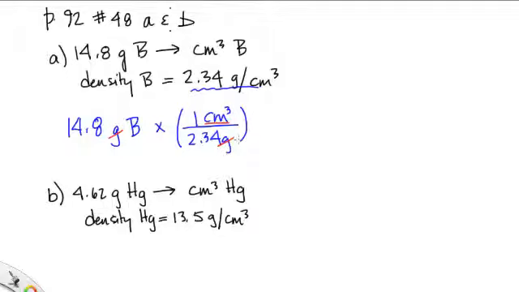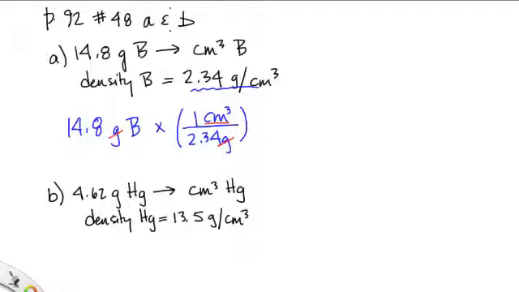In a conversion factor, the units in the numerator are the units you're going to end up with in your answer, and the units in the denominator are the units that are going to get canceled out.